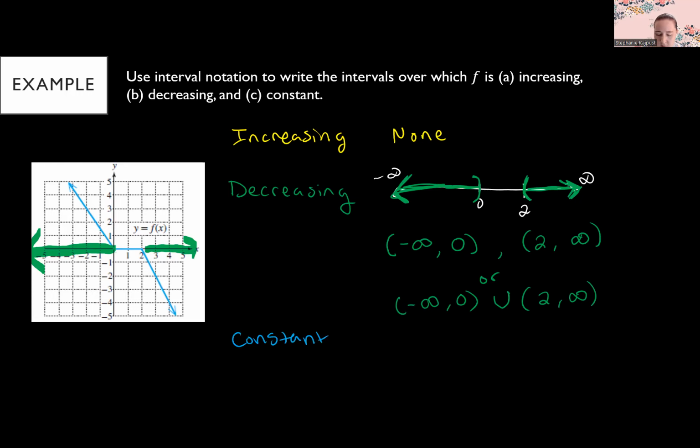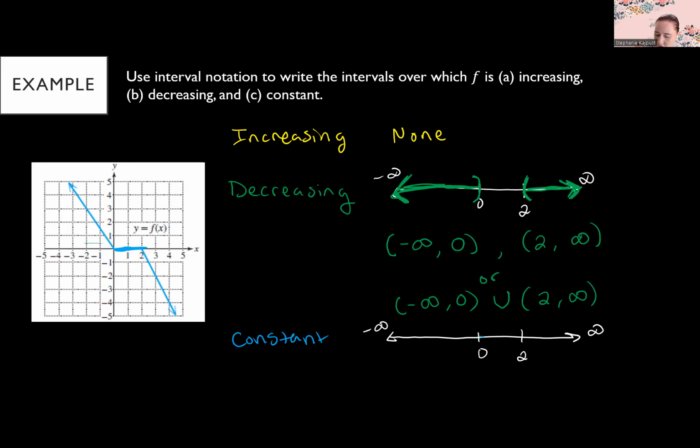That's the flat portion. You can see that we are flat between 0 and 2 right here, and it happens to be right on the x-axis. I'm going to make my number line, and we've got 0 and 2.